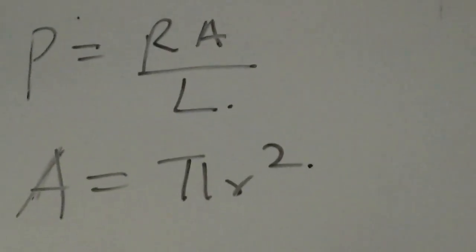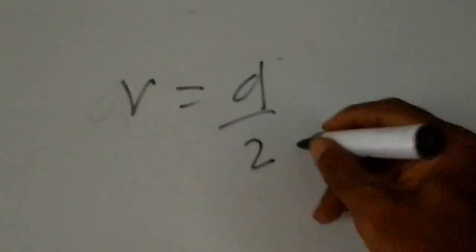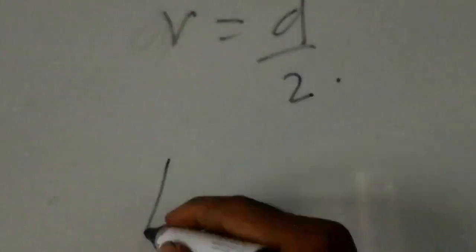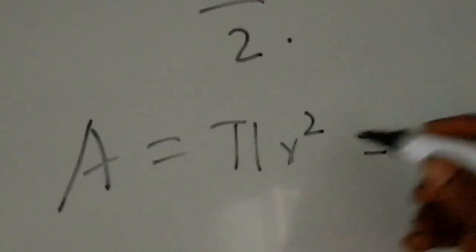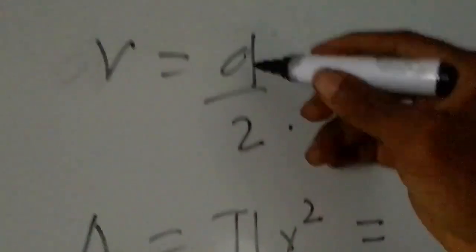And also, if you are given the diameter of the cross-section, we know that the radius is equal to the diameter over 2. So if the area of the wire is given by pi r squared, we can replace the radius with d over 2.